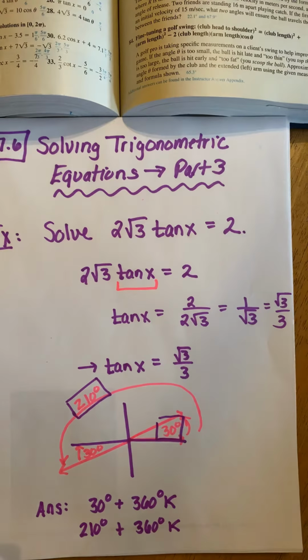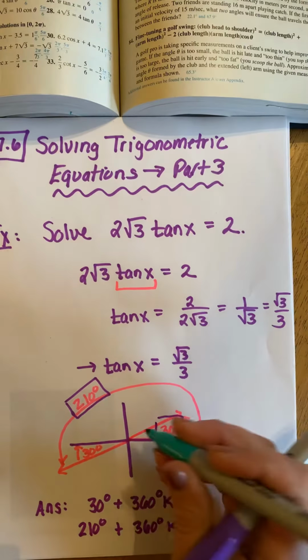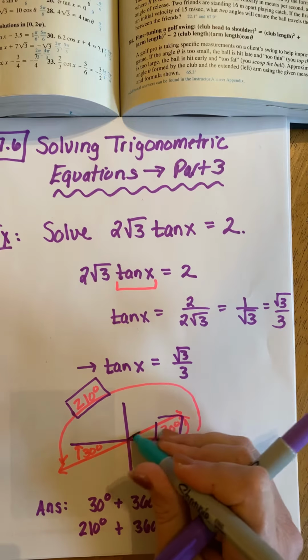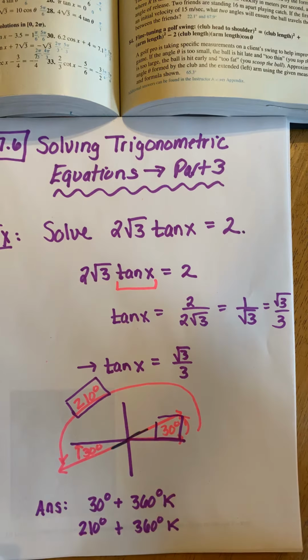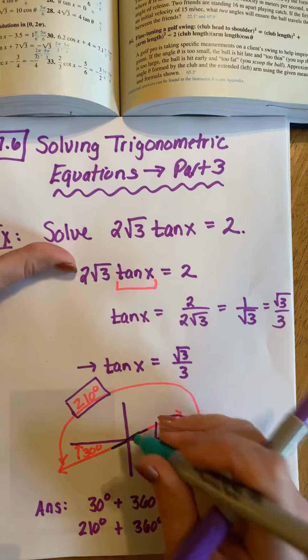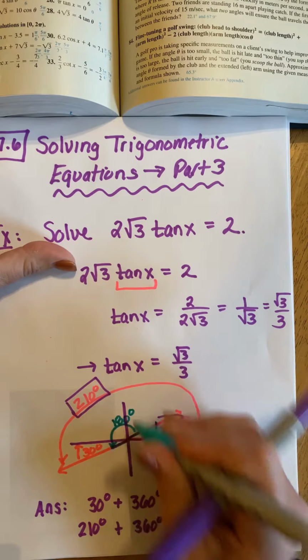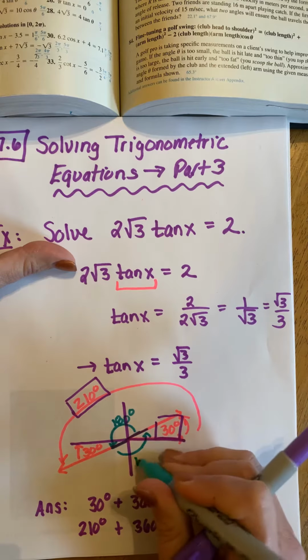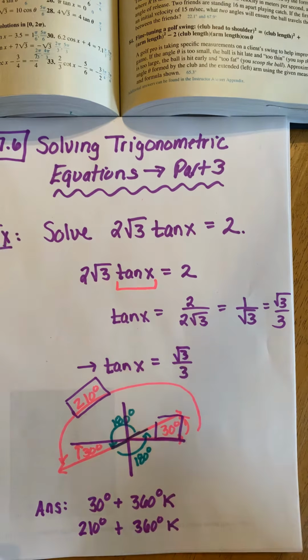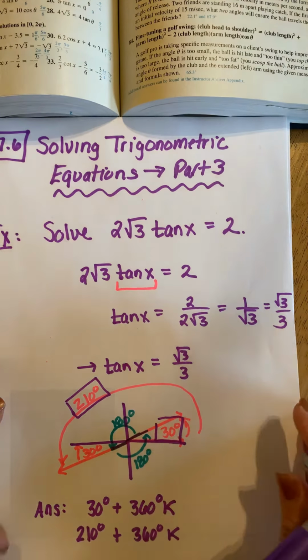But if you notice, I'm going to go in with a different color here. If we look at our two terminal sides of the angles that go between 0 and 360 degrees, to get from one to the other, it's 180 degrees, and then it's another 180 degrees. So we can jump back and forth between our terminal sides just by adding 180 degrees each time.